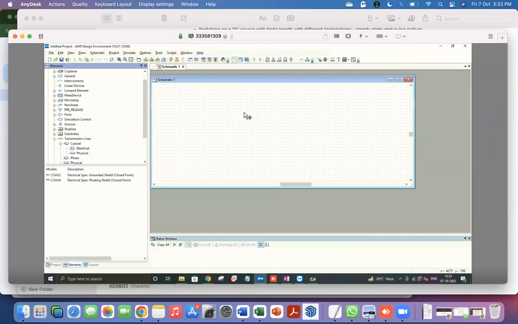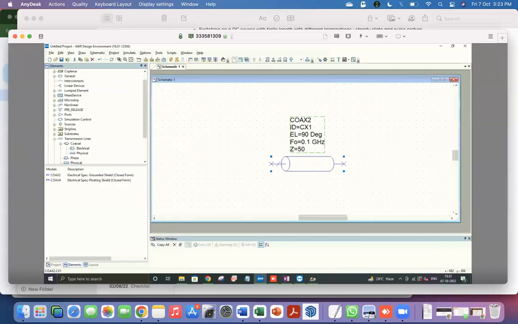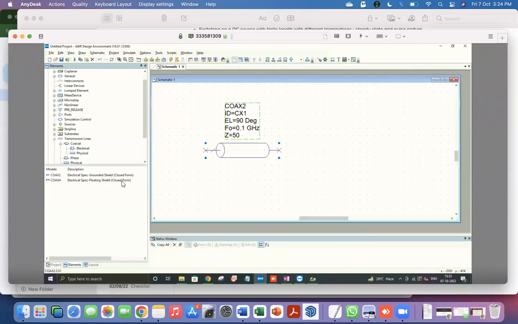So this one. Right, so this is what we're using. There's no physical length here.